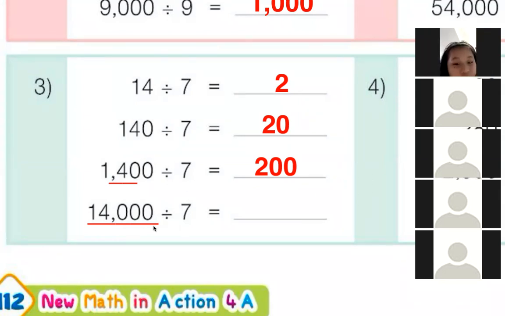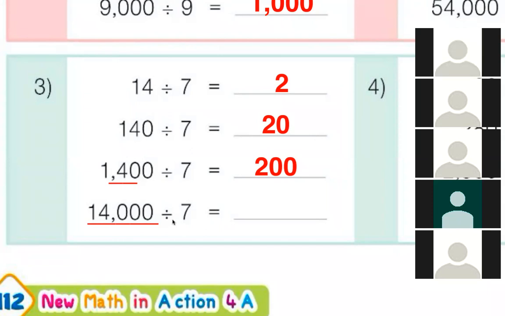14,000. Yes, exactly. Tete, that one is 14,000, not 1,400. Say 14,000. 14,000, that's right. 14,000 divided by 7. Tete, read it faster, please.